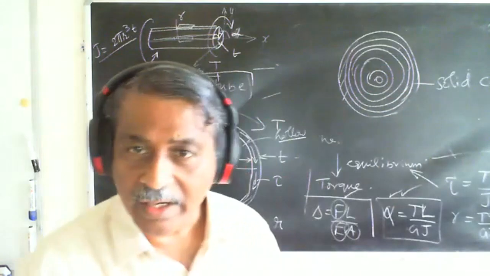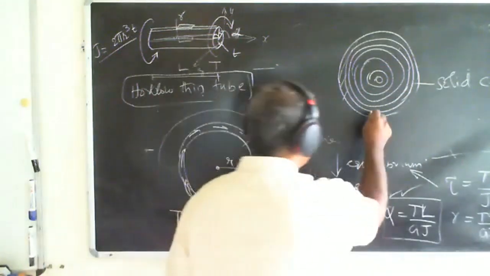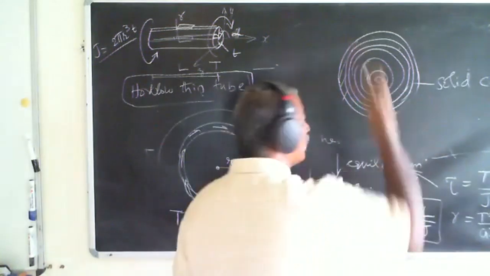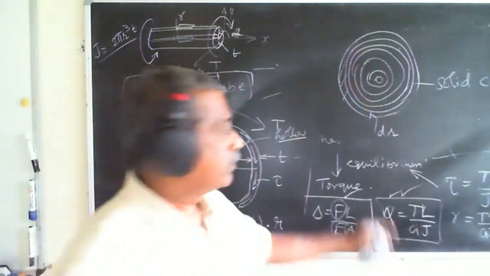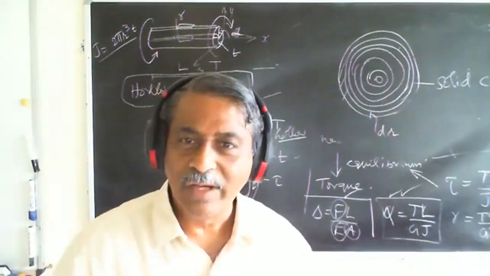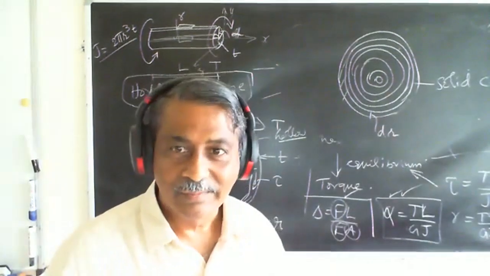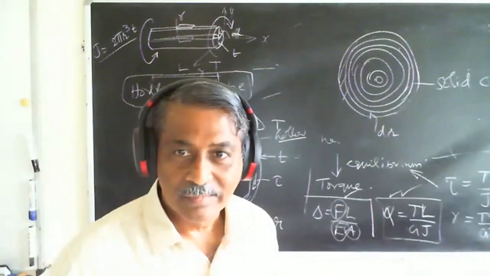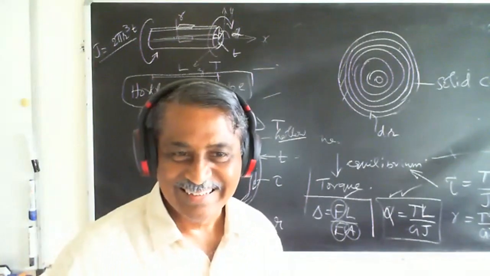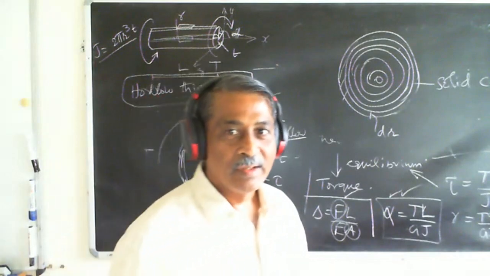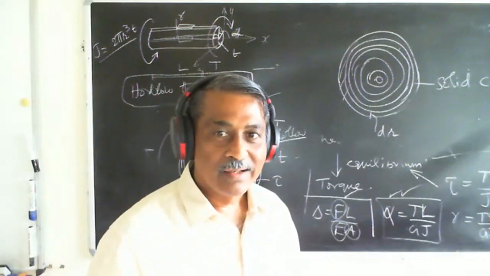That's how I got integration, correct? If I take each one of these as dr, and I sum up infinitely, I should be able to get for this. When do I sum? When do I add? And what do I add? A solid cylinder is a summation of hollow cylinders.